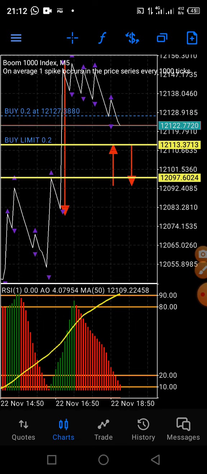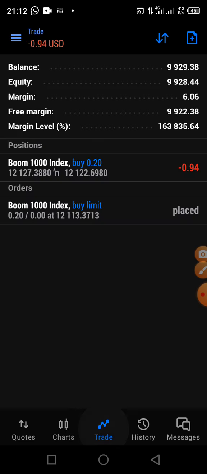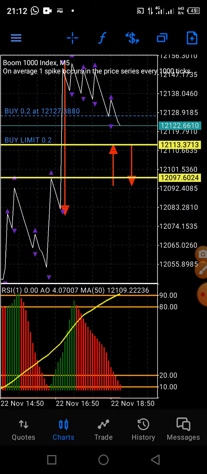We observe. We have already opened one trade. Then we have also pressed the backup buy limit in between. The reason why we have opened the first position is that the market may do the reversal before it can even reach the in between. So in case it does the reversal, we have opened so that we don't miss it.